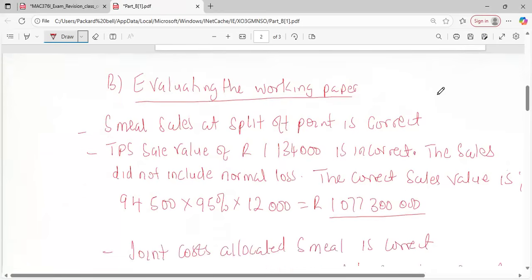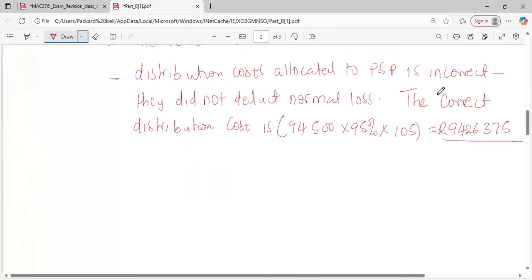So that's what you are going to say in your answer. So you just come here and say, new equipment of 45 million is relevant.